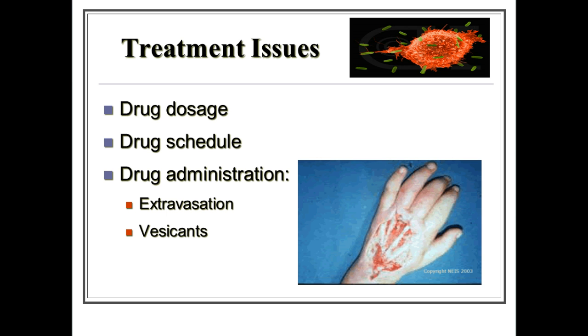When vesicants are given, like some on the chart that I told you to look at in your book, they can damage really good tissue and really mess a person up. Some of them are really, really irritating to the body.